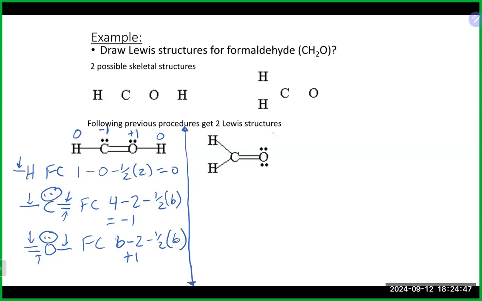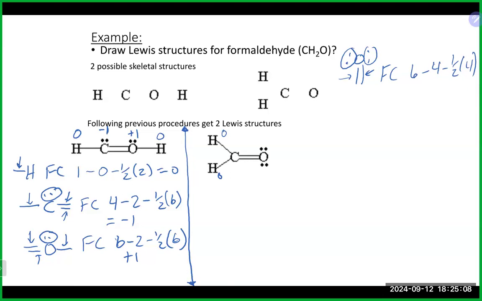Coming over here, we know hydrogen will actually come out the same. So we got zeros happening there for our hydrogens. We'll do our double bonded oxygen, which is 6 minus 2, 4, minus 1/2 of 4. Again, 2 and 4 for our bonding.